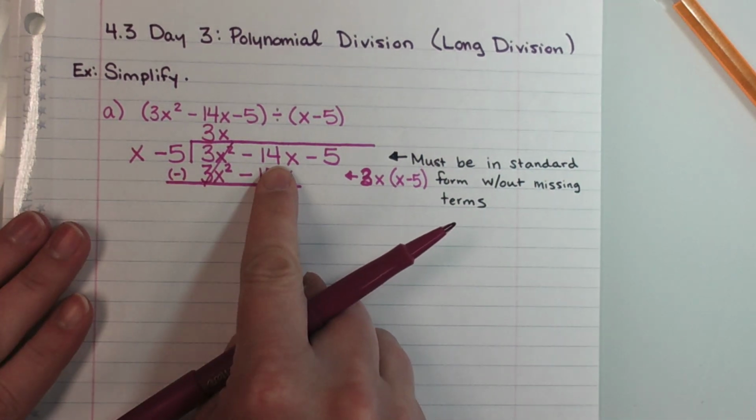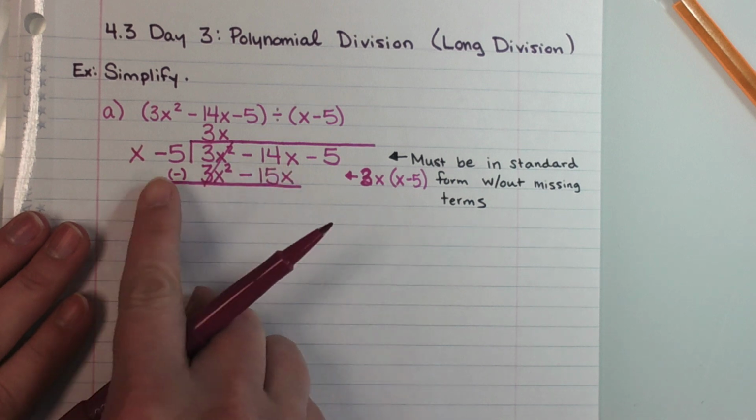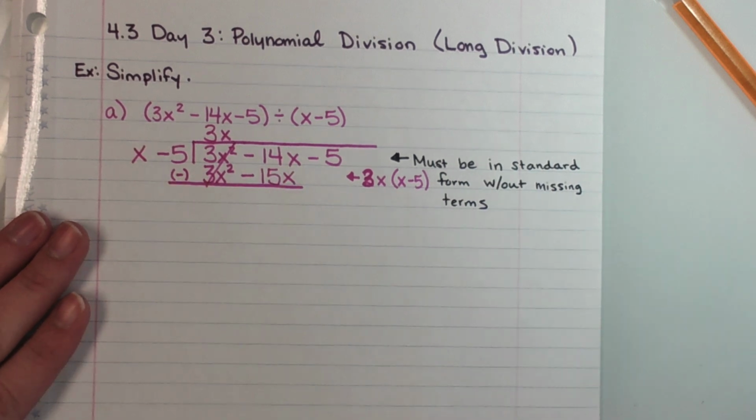Negative 14x, be careful of the positives and negatives. Negative 14x minus a negative 15x is what? Positive x. Negative 14 minus a negative 15 is negative 14 plus 15.